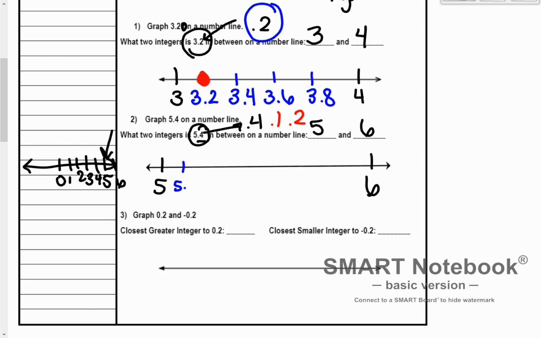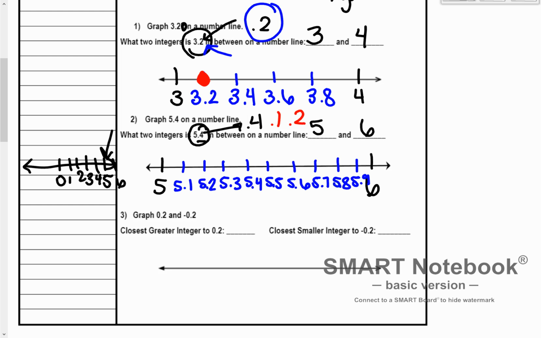So this is going to be 5.1, 5.2, 5.3, which you could have counted by 0.1s up here too. 5.4, 5.5, 5.6, 5.7, 5.8, 5.9. And then the next number would be 6.